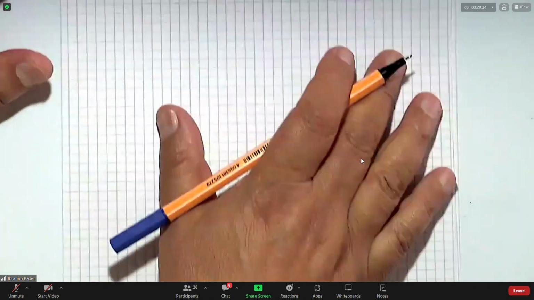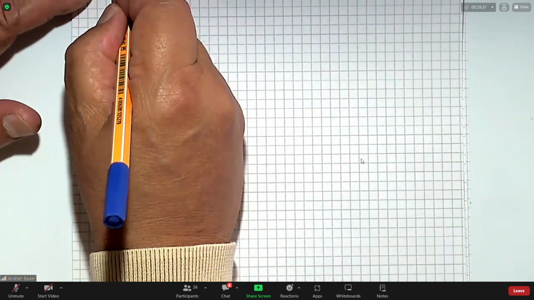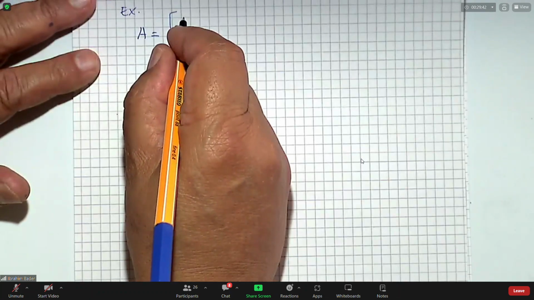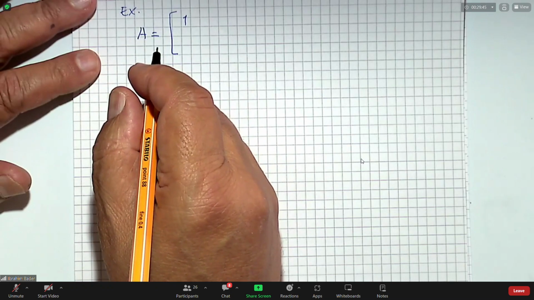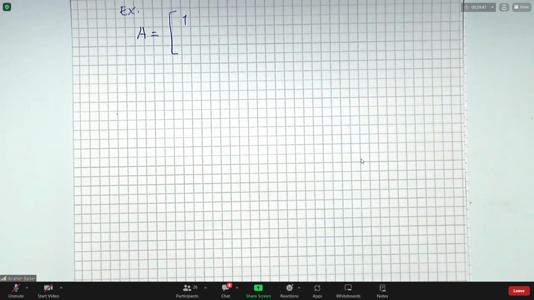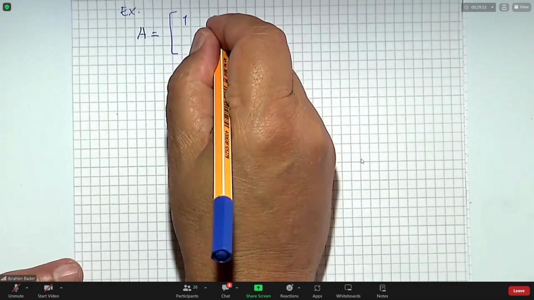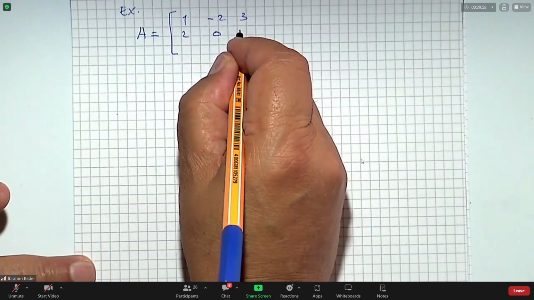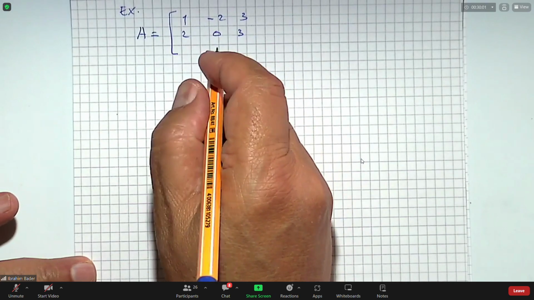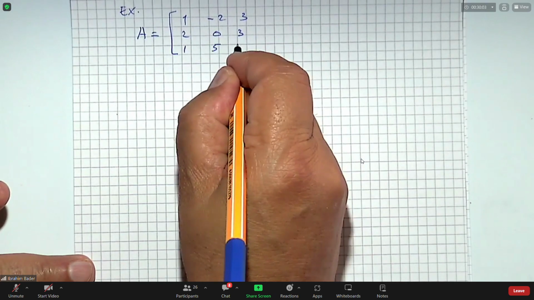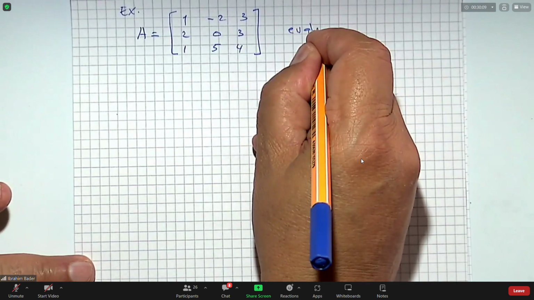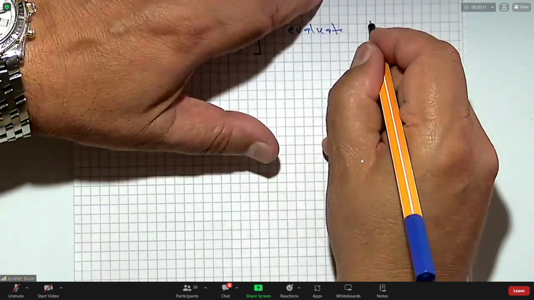This is A equals to 1, negative 2, 3, then I have 2, 0, 3 here, and then I have 1, 5, 4. So evaluate the determinant.